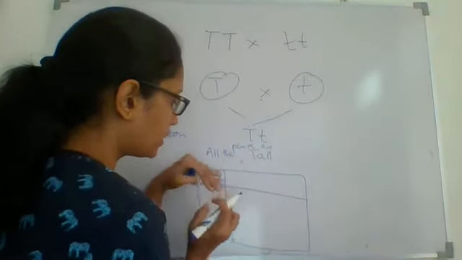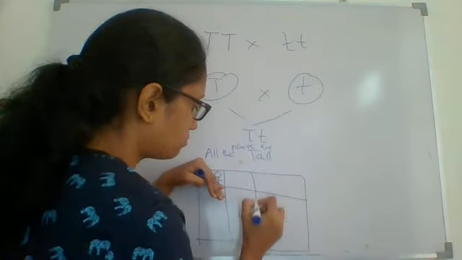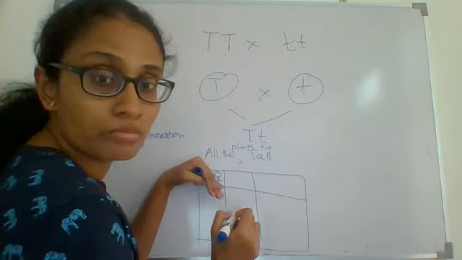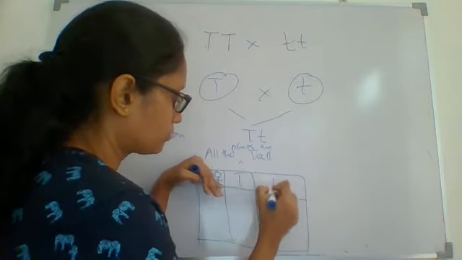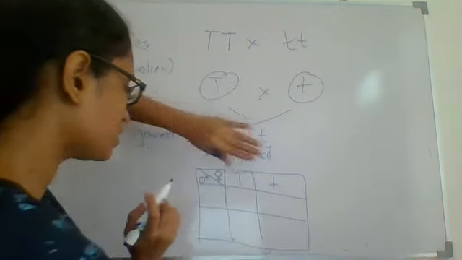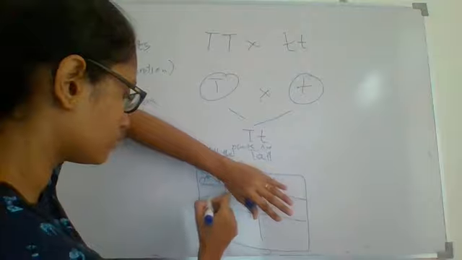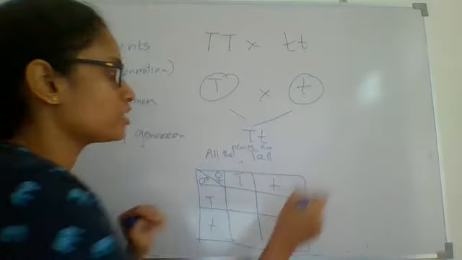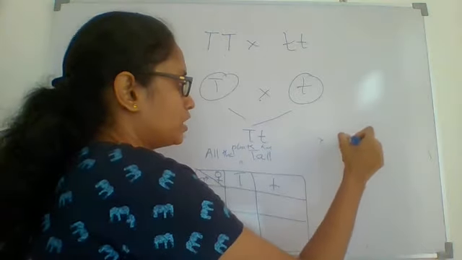This side you have the male gametes, and this side the female gametes. That means in the previous case we took another plant like this.